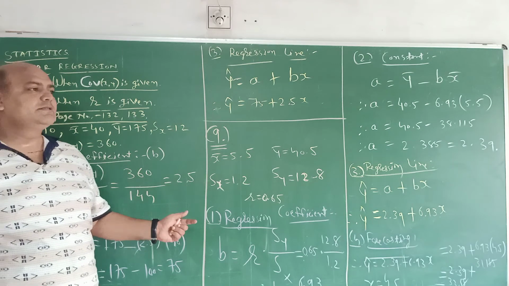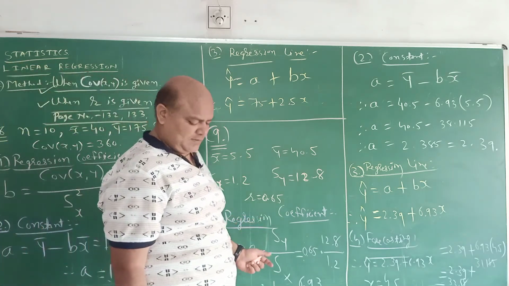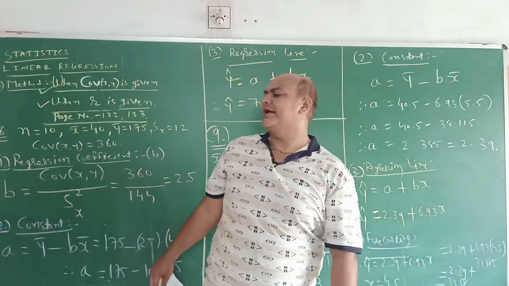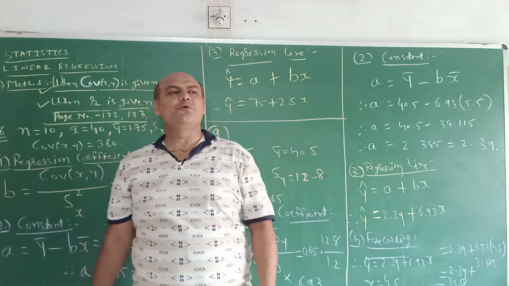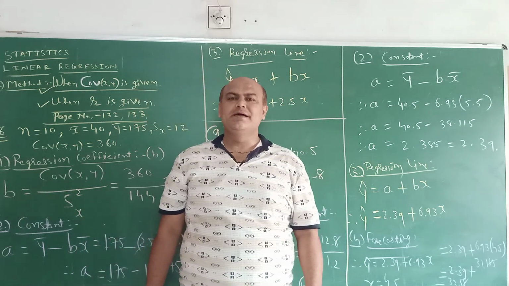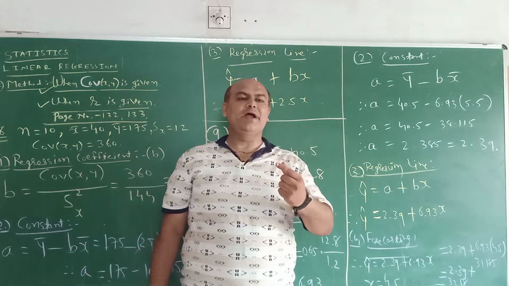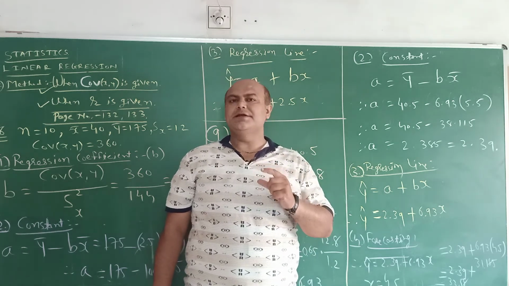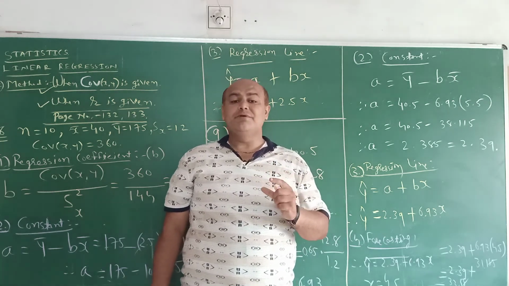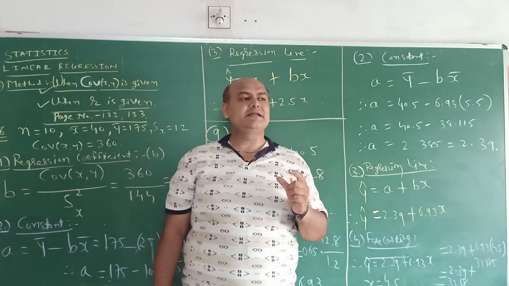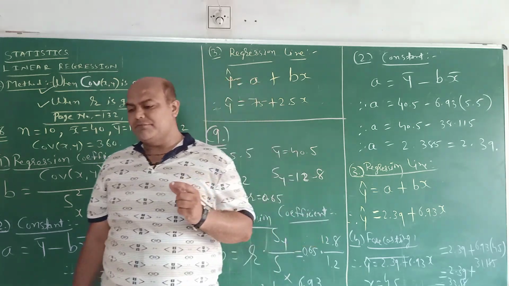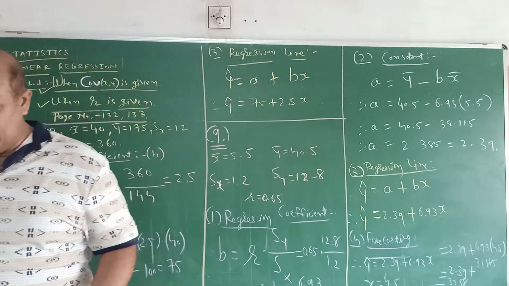So my dear friends, in this particular video lecture I explained to you, whenever covariance xy is provided, how we can find the regression line. And whenever correlation coefficient, that is R, is provided, then also how we can find the regression line.